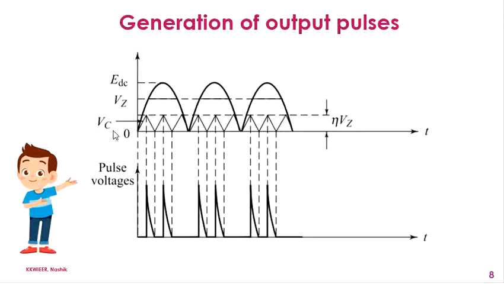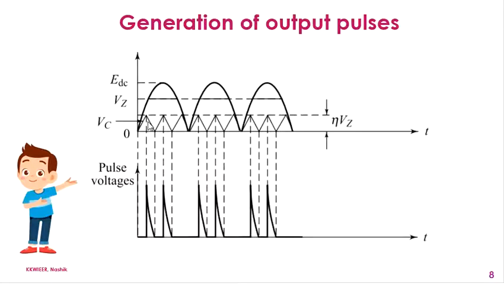So if the value of Vc, that is the voltage across the capacitor, becomes eta into Vz, then it will produce the pulses. So for the first cycle, for the lower value of resistor, capacitor charges and discharges, charges, discharges, like that. So the pulse voltages are shown here.